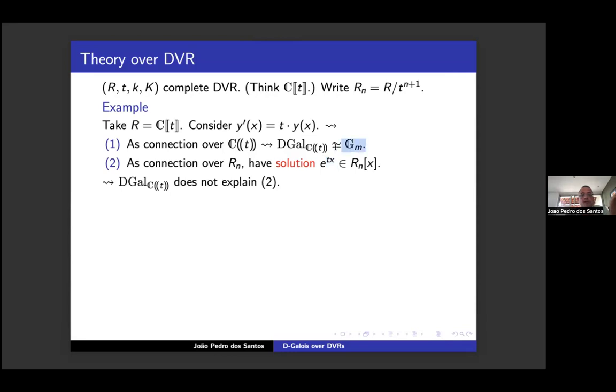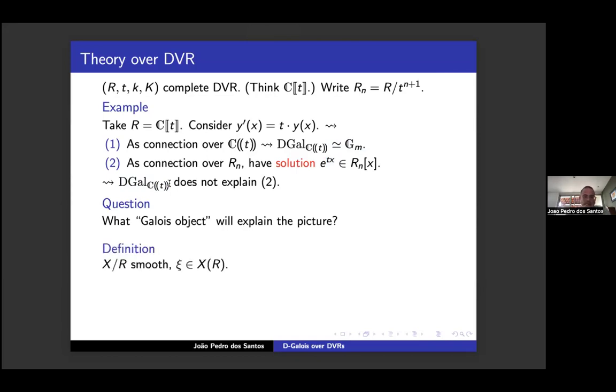Here you have a GM, a positive dimensional thing, and it's not seeing that when you reduce modulo t, what you get is algebraic, so it should be trivial. The question is, what is the Galois object which will explain this picture? I need to see some group which generically is GM, but when I reduce modulo t, it's trivial.